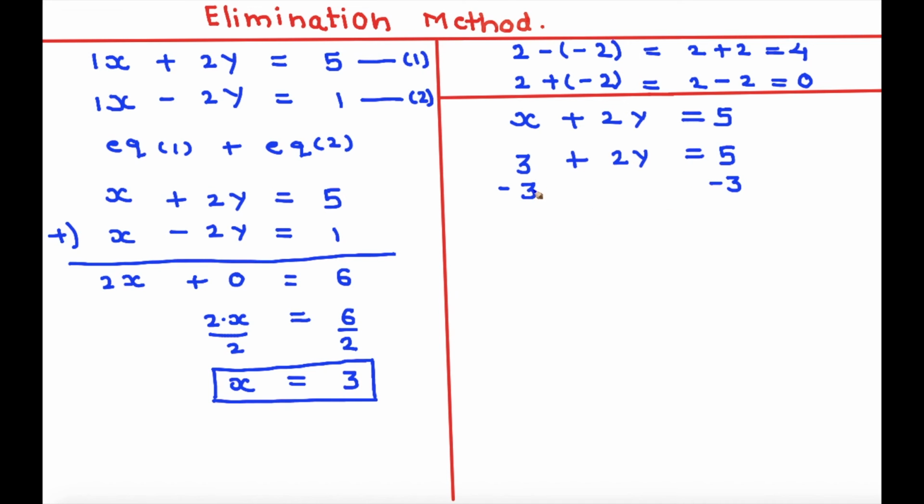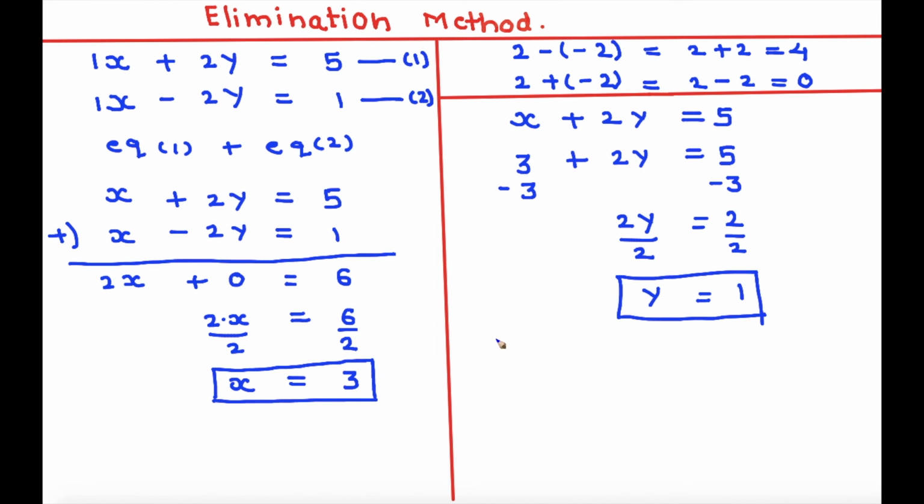So once I subtract 3 from both sides, we are left with 2y on the left hand side, which is equal to 5 minus 3 gives us 2. To find the value of y, we need to divide by 2 on both sides. So that gives us y is equal to 2 divided by 2 is 1. So this way we got the value of y as well.